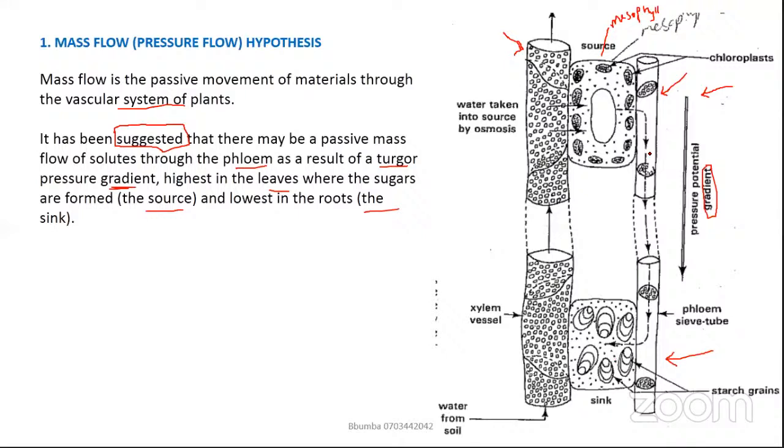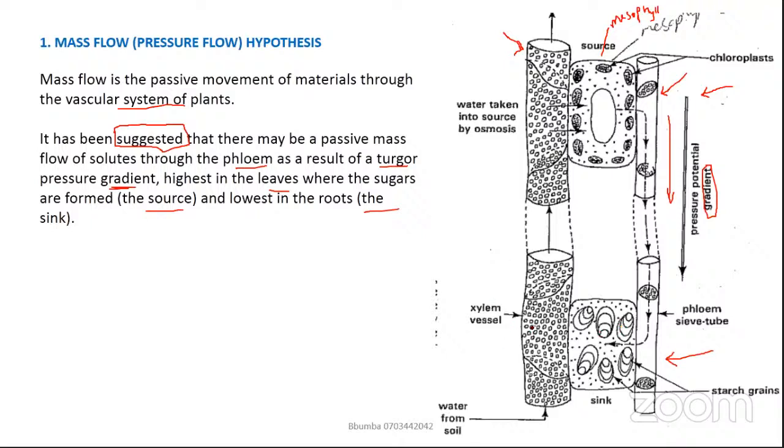Because of the pressure gradient, the sugars are translocated alongside water between the source and the sink, and fluids move down.